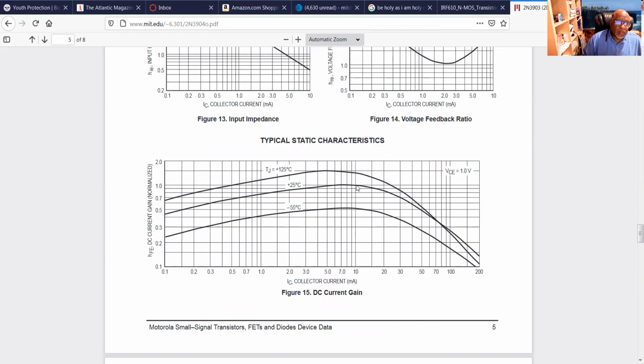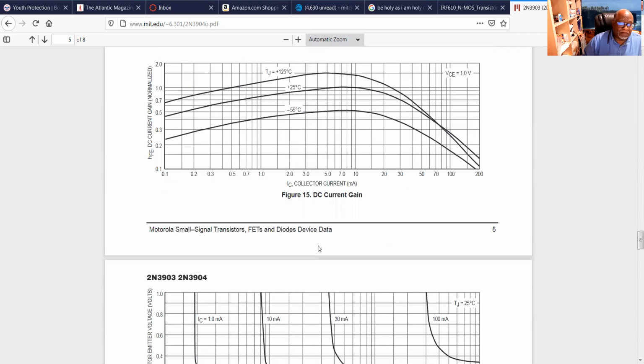If we increase the junction temperature above 25 degrees C, our gain actually goes up. And if we decrease the temperature, our gain actually goes down. But this is what our beta or hFE looks like as a function of current. Too high a current and we start to lose gain, too low a current and we start to lose gain. So there's a sweet spot right here in the middle where you usually find these transistors biased.